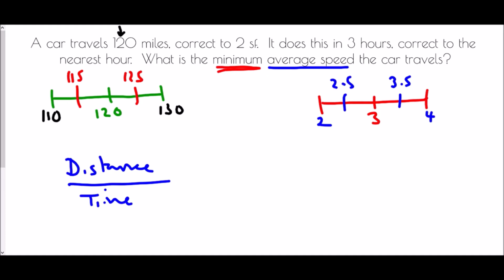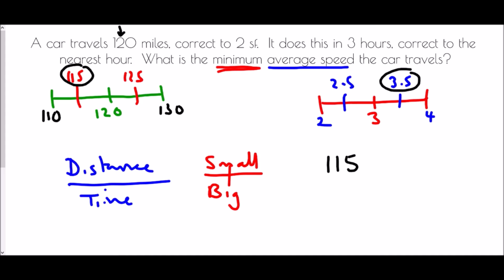Therefore, what we want is the smallest possible answer to this question. Because this is a division, what I need is a small number divided by a big number. That is how I would get the smallest possible answer. And so the distance needs to be the smallest possible, which is 115, and the time needs to be the biggest possible, which is 3.5.